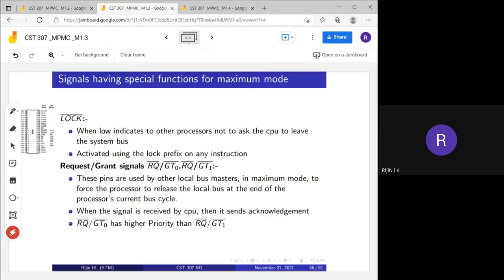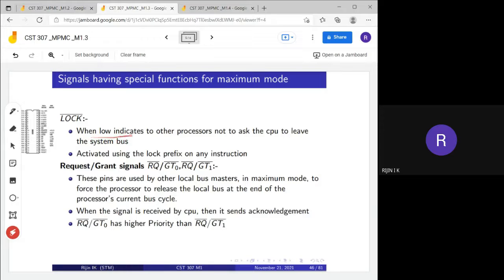Because the CPU is currently using that system bus, it is not allowing other peripherals to access it. So it shows that the system bus is locked. That means no other peripherals or external devices can access the system bus because it is locked by the processor itself.